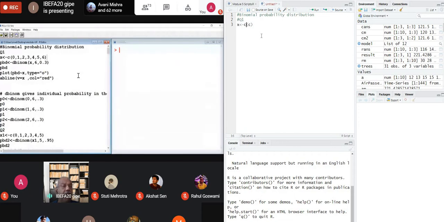Denoted by the variable X. I denote PBD, probability binomial distribution, for each value. So the exact probability syntax is dbinom, not cumulative.